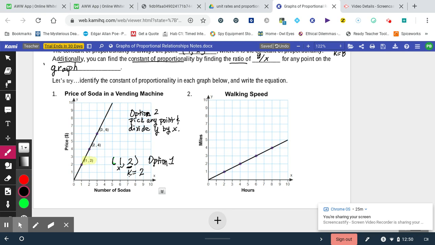Option 1, again, was to look for an ordered pair with an x coordinate of 1.